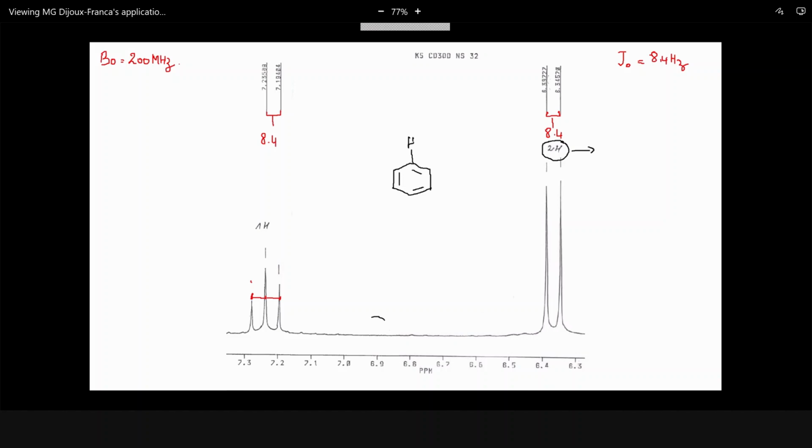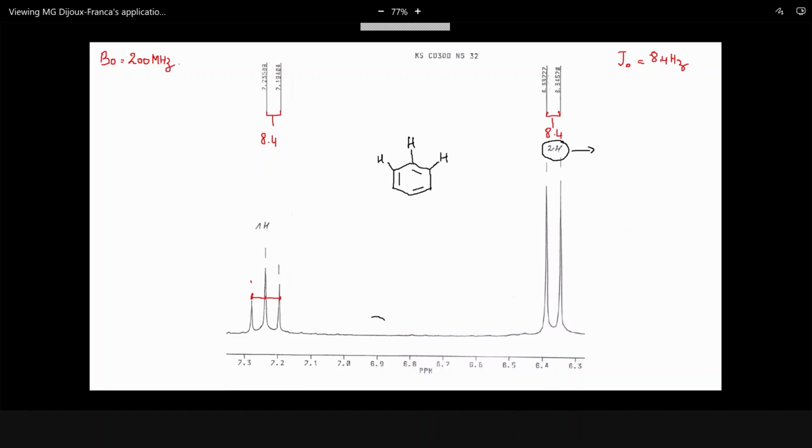If I draw one here, this one, and the two positions next to it also, like this. Yes.